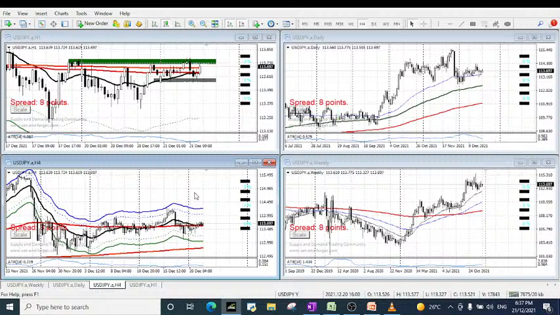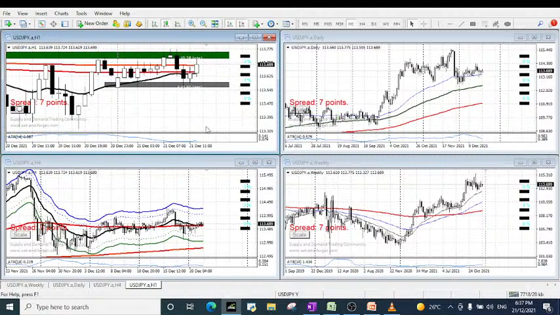But the thing is, because what I'm doing is hyper scalping, it's scalping, you have to pay attention to the spread. The lower the spread of the pair you are trying to trade, the better.